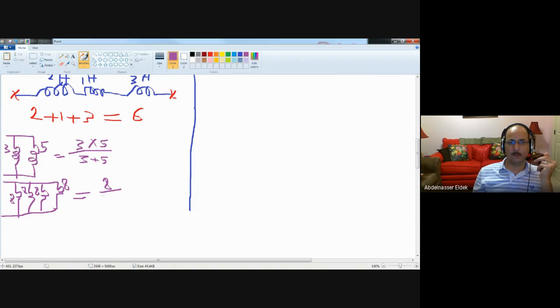So 8 divided by 4, which is 2 Henry. So these are the two special cases. Remember, for resistors, if you have only two resistors, you multiply over the summation. And if you have multiple resistors and all of them are equal, you divide the resistance by the number of resistors. Here you do exactly the same. There is no difference.